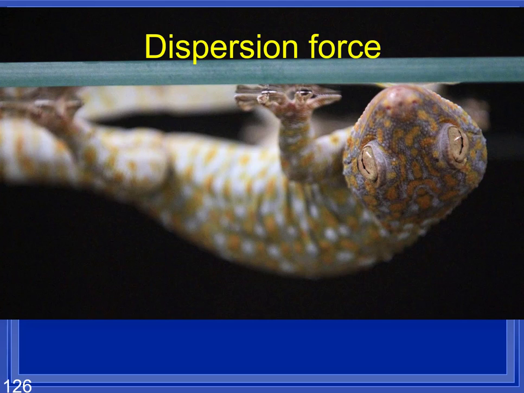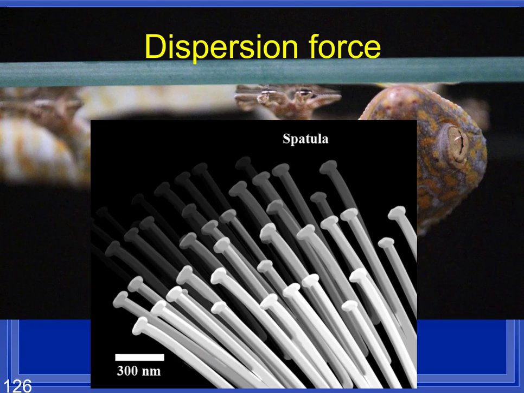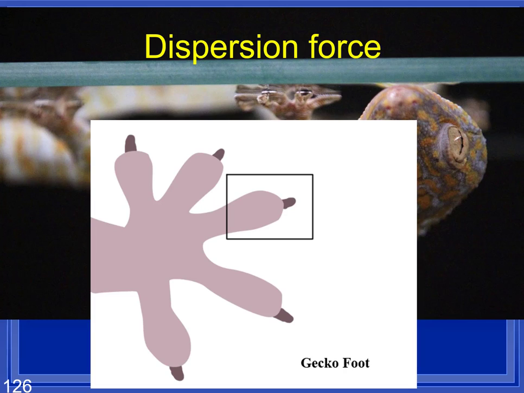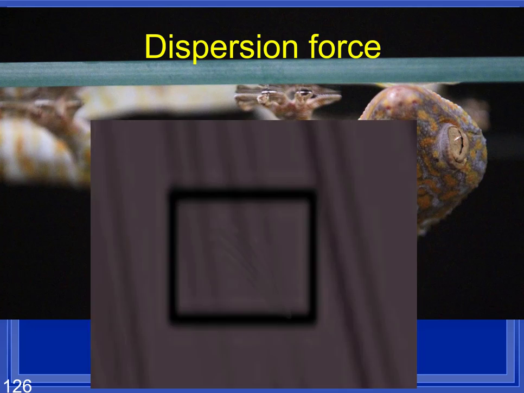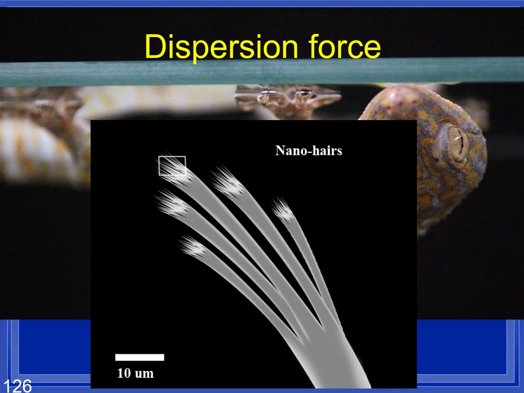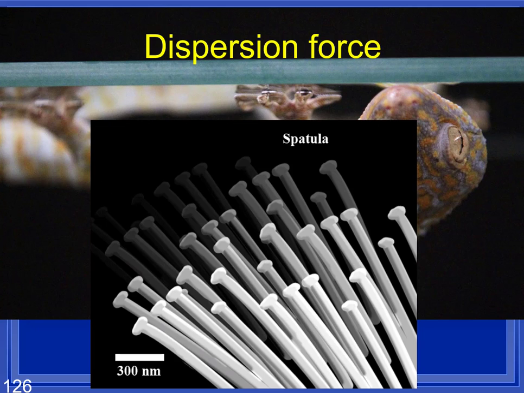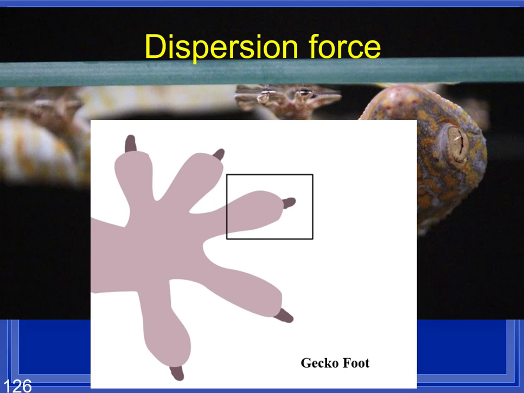So what makes the gecko stick? Okay? Well, if you look at their foot, their foot has a whole bunch of little tiny hairs on their toe. And those little tiny hairs have little tiny ends. And those little tiny ends have little tiny knobs. And those little tiny knobs touch the glass.